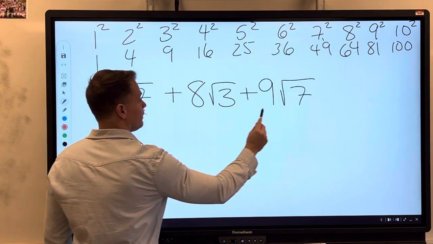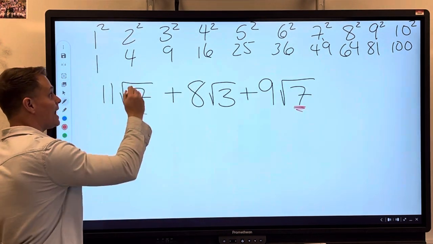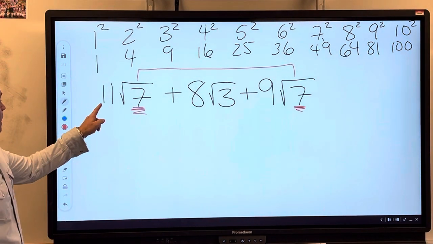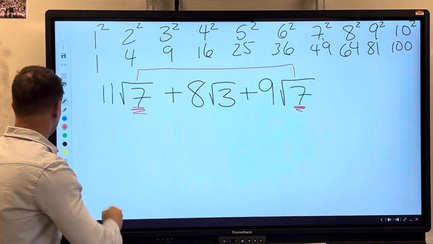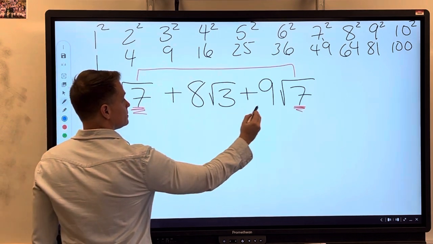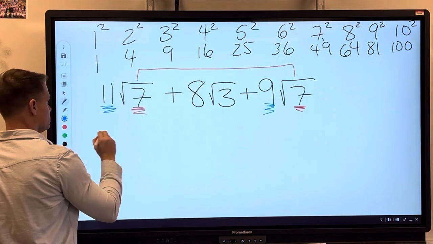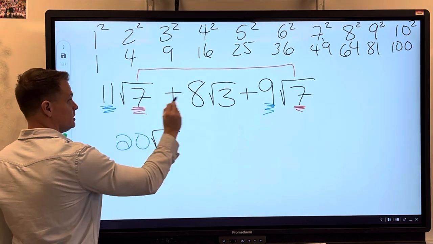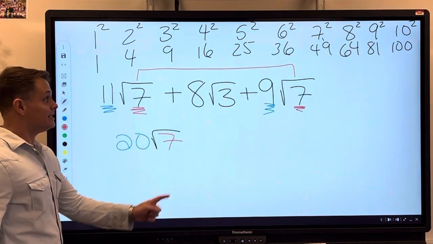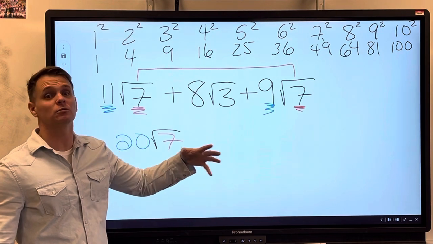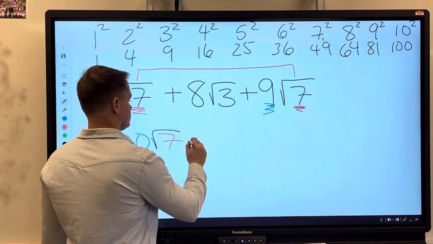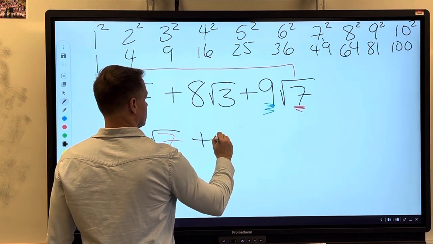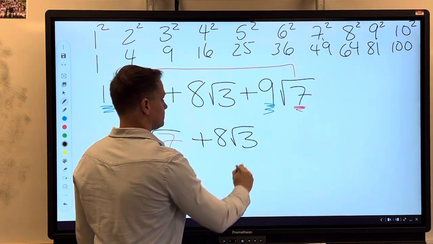Here the 7 and the 7 are the same, so we can add those two like terms. 11 plus 9 is 20. So I'm going to put 20 times the square root of these 7. Now 8 times the square root of 3 is not a like term, so we're just going to rewrite it. So plus 8 times the square root of 3.